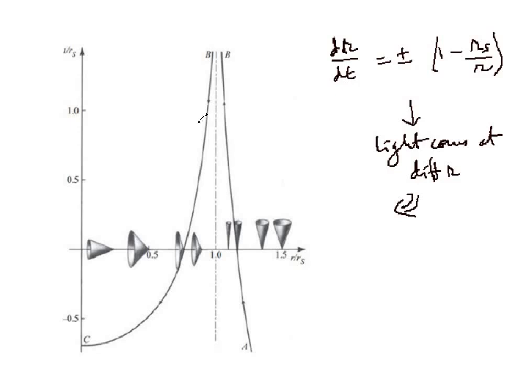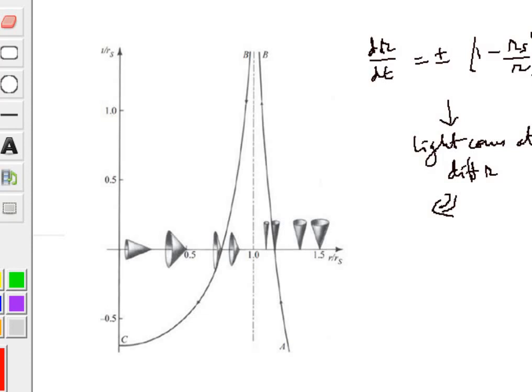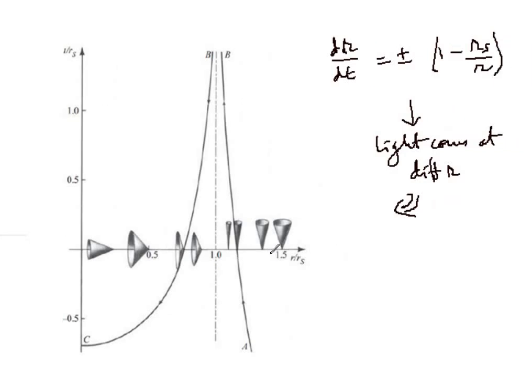Now you see, in the exterior region of the black hole, that means in this region, r greater than rs, the units are r by rs and t by rs. In this exterior region, the axis of the light cones is parallel to the t-axis. Whereas in the interior region, the axis of the light cones is parallel to the r-axis.